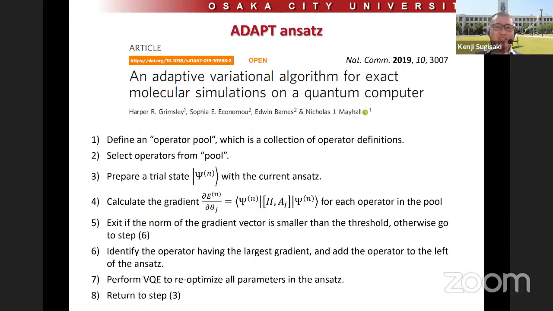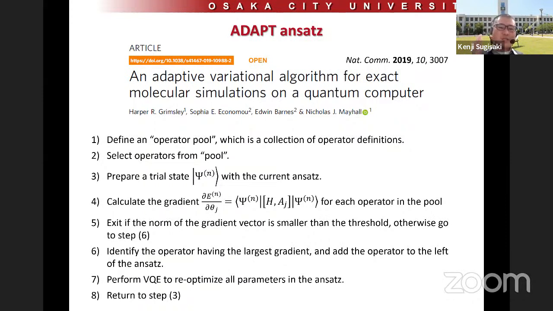But in adaptive VQE, first, for example, we select 10 excitation operators, and then perform the VQE using just the 10 excitation operators with 10 variables. Of course, the computation is easier than the VQE with hundreds of parameters.